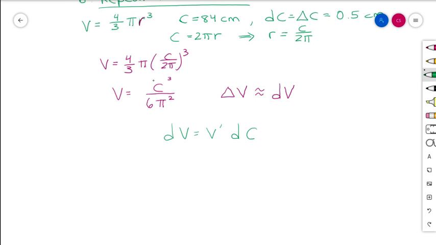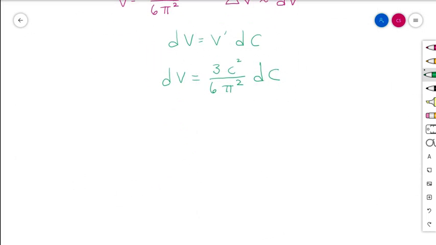And in V prime, remember the only variable is the c, so when we take the derivative, that will turn into 3c squared over 6 pi squared dc. And we'll clean that up. 3 over 6 simplifies to 1 over 2.